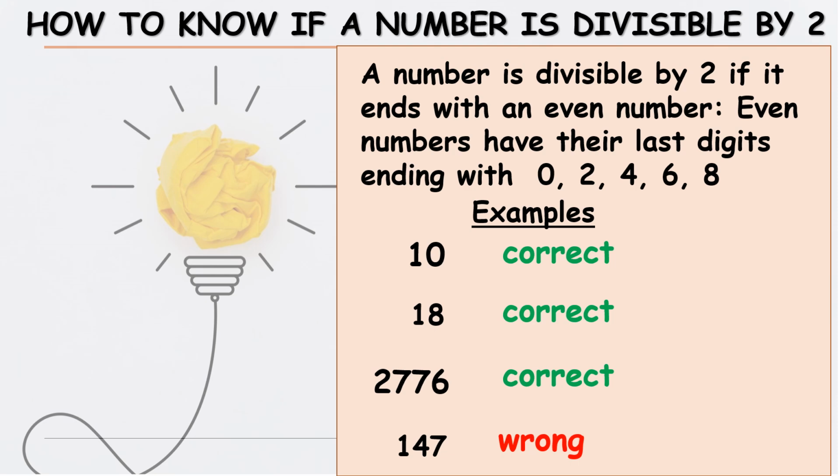It's divisible by 2. 18 is divisible by 2. That's why we say it's correct. 2776 is divisible by 2. 147 is not divisible by 2 because 7 is an odd number, and all numbers that are divisible by 2 have their last digits being even numbers.